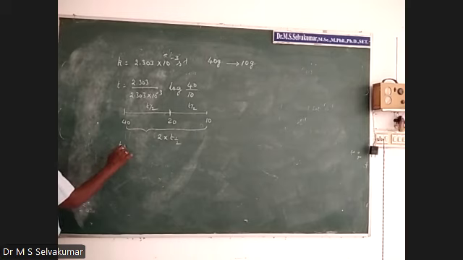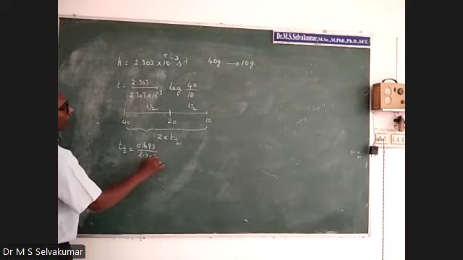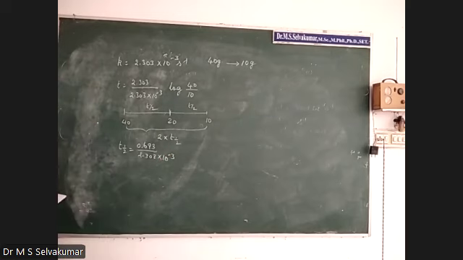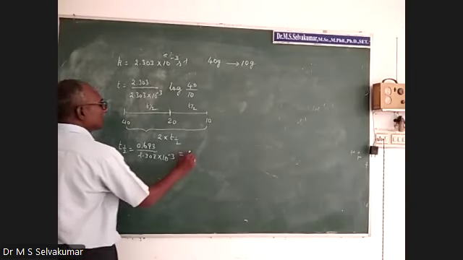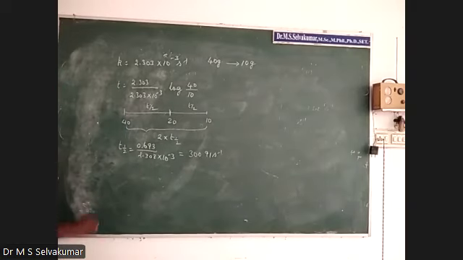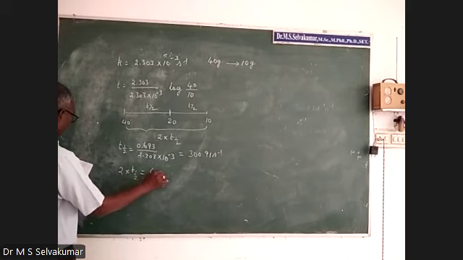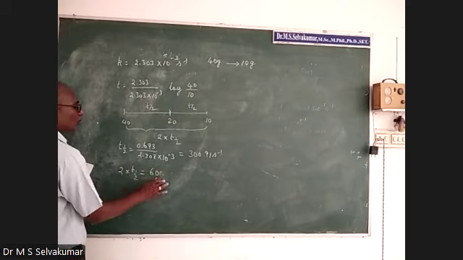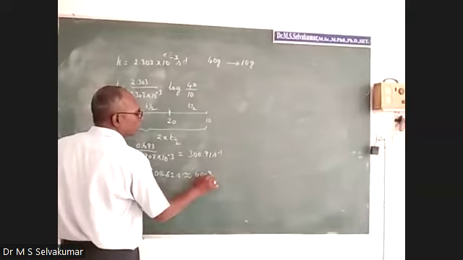So what is half-life? Half-life for a first order reaction is 0.693 divided by K. It is 2.303 into 10 power minus 3. So this half-life is approximately 300.91 seconds. So 2 half-lives, 2 into t half, is equal to 601.82 seconds, which is approximately 602 seconds.